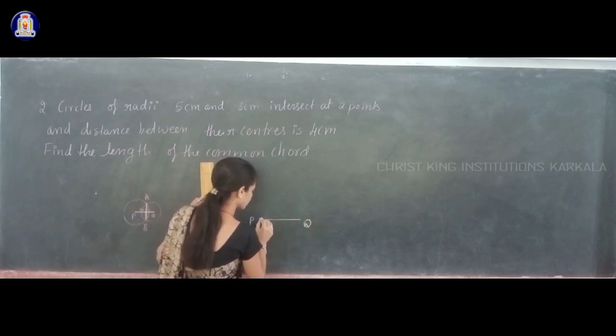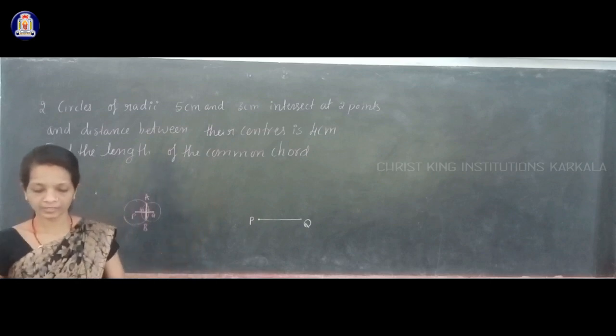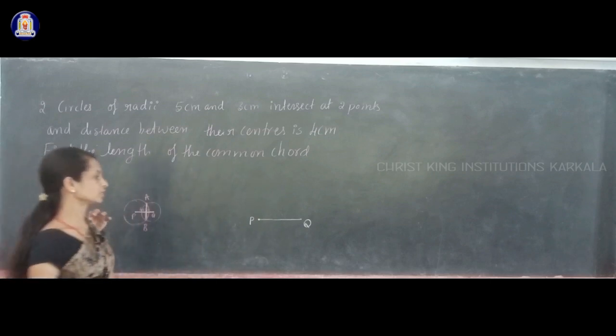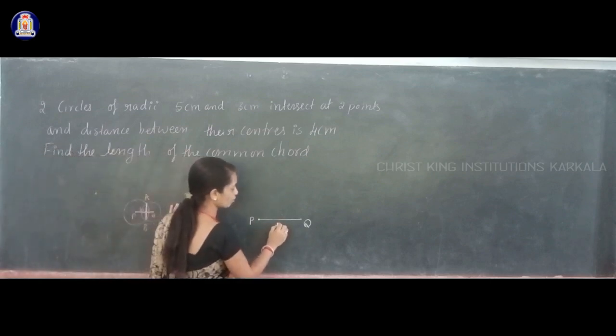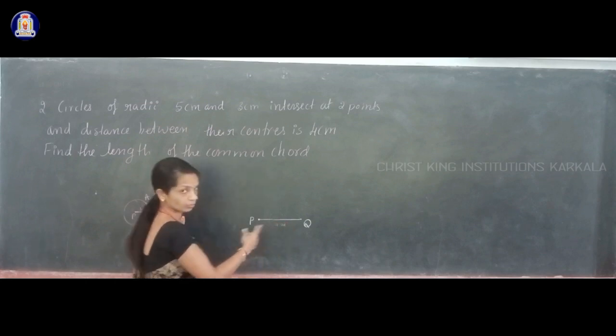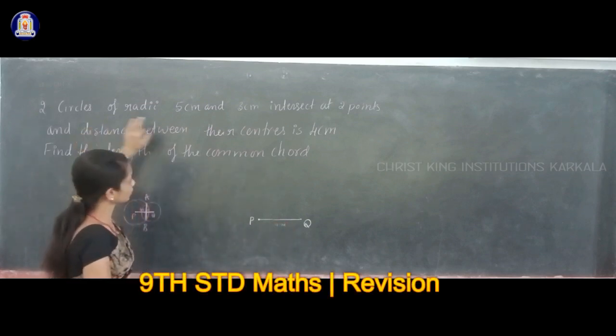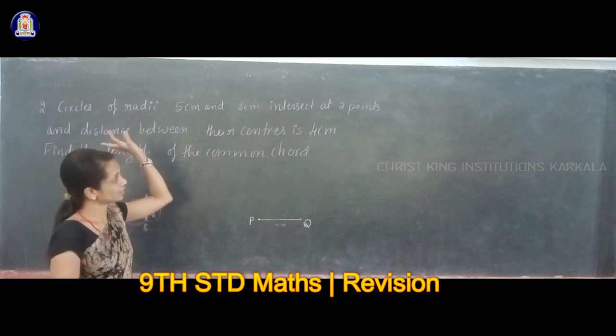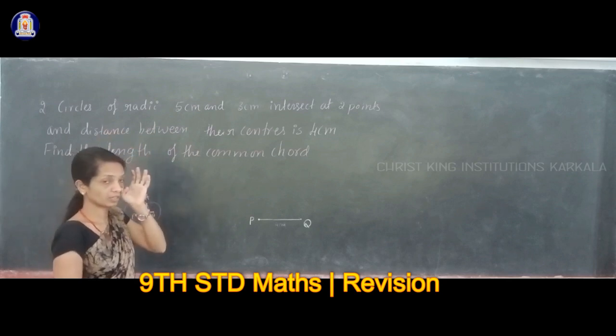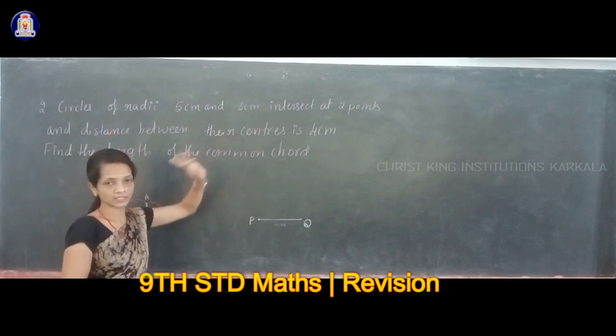Take that as PQ. What is PQ? PQ is a line of length 4 centimeter. Why did we take 4 centimeter? Because the distance between the centers of the two circles given to us is 4 centimeter.